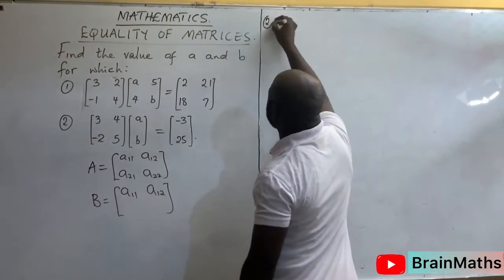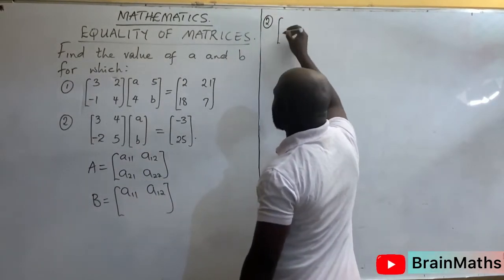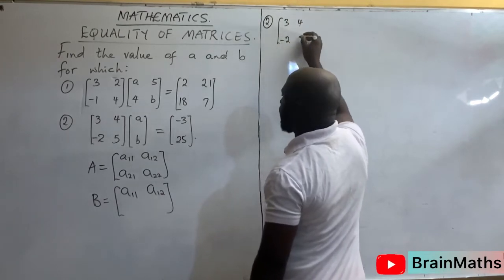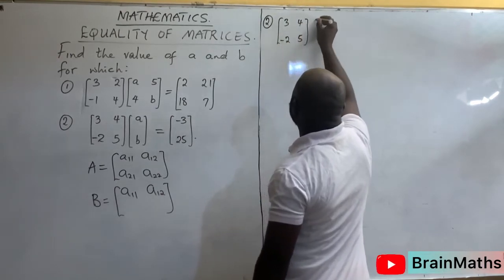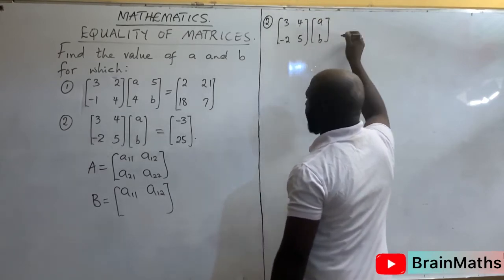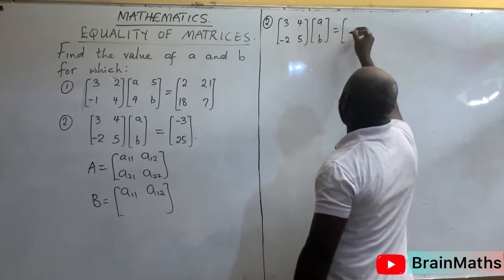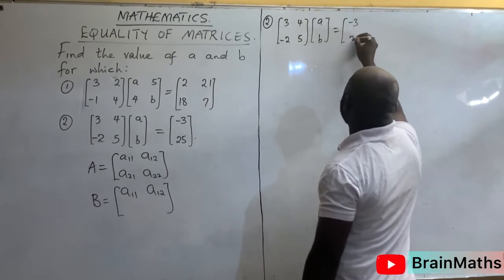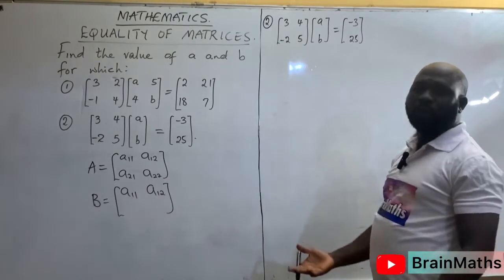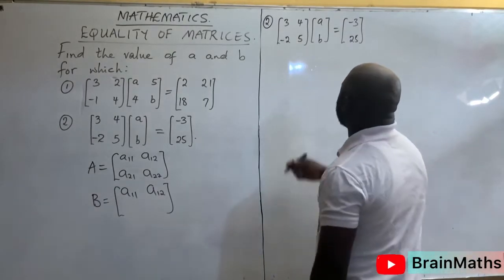Question number 2 says matrix 3, 4, -2, 5, and A, B equals -3 and 25. Now let's quickly do our multiplication and then map out correctly.